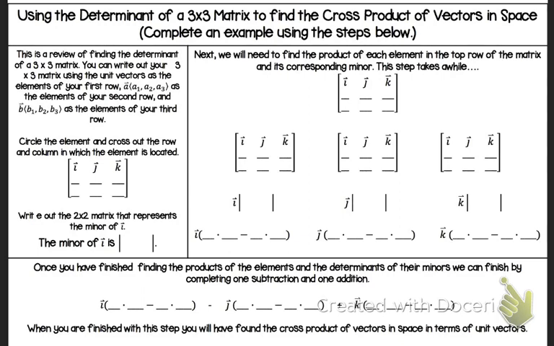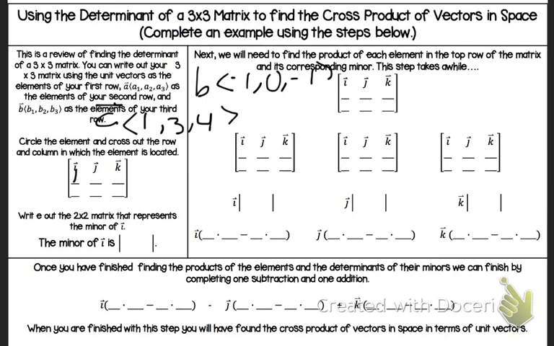Okay, so let's look at an example here. I think I have to write it. Let's use our first vector, a, as 1, 3, 4, and then b is -1, 0, -1. So we're going to fill them in here.